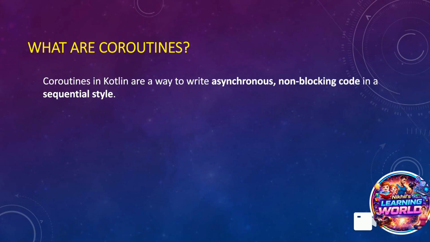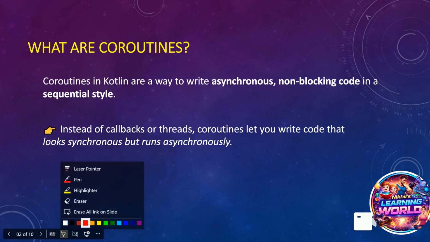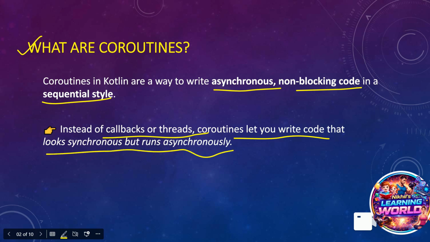What are coroutines? Coroutines in Kotlin are a way to write asynchronous, non-blocking code in a sequential style. Instead of callbacks or threads, coroutines let you write code that looks synchronous but runs asynchronously.